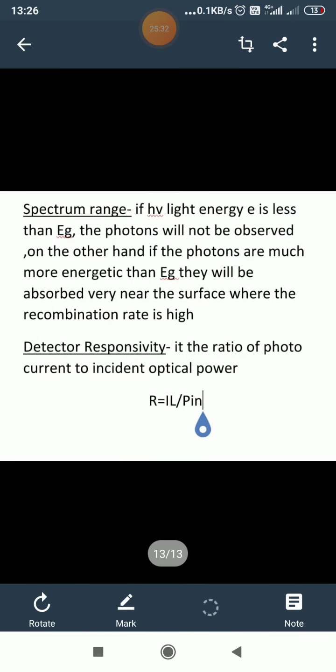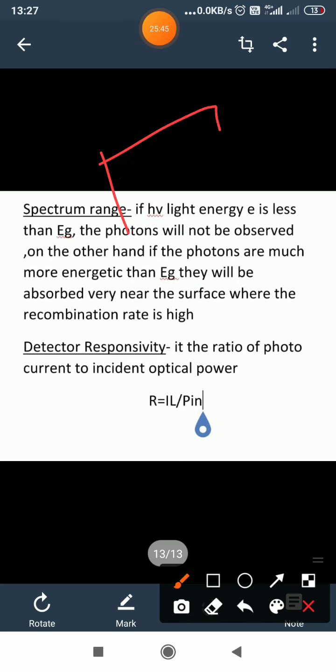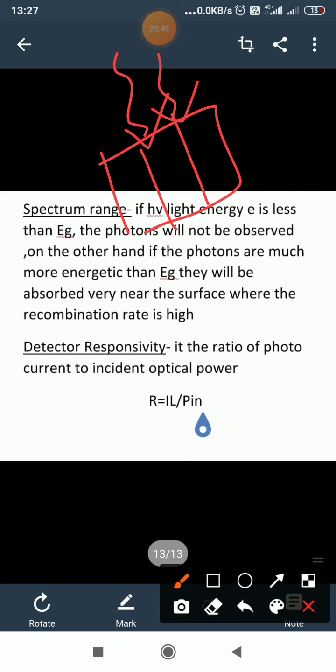The next parameter is spectrum range. Again, we already discussed this one. If the light is falling on a particular P and N junction, how much will be the value of this light?